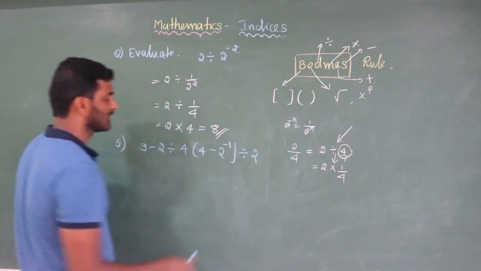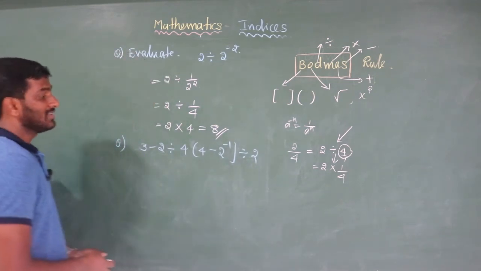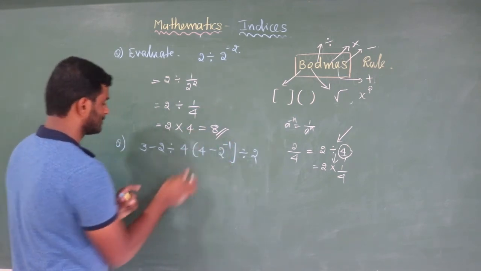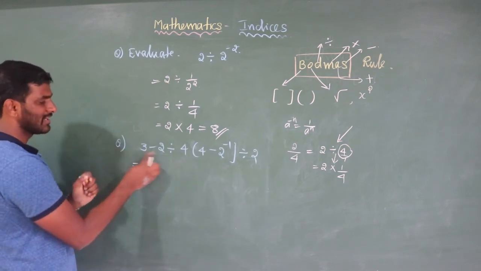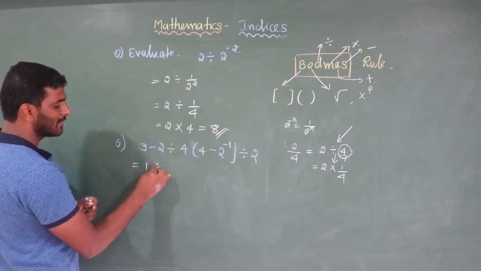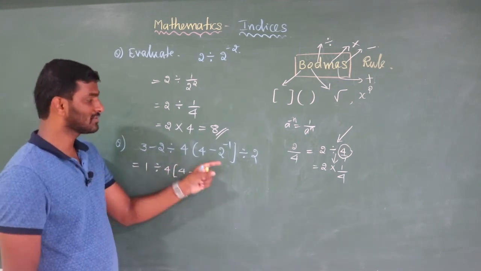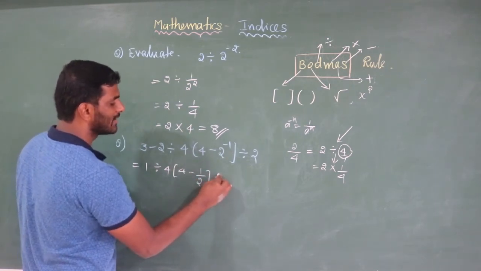Then how do you simplify this one? So in this case, first we need to remove the bracket. Before that, we have to simplify this. That is equal to 3 minus 2, which is 1. So 1 divided by 4, into 4 minus 2 to the power of 1. Using that formula, 2 to the power of minus 1 is 1 divided by 2. So 1 divided by 2, divided by 2.